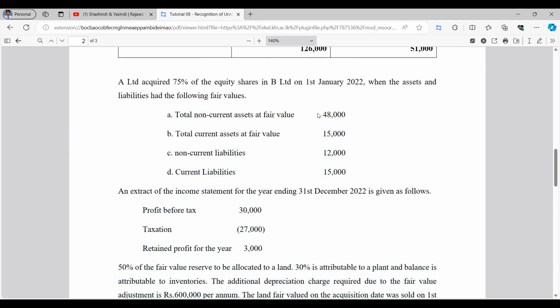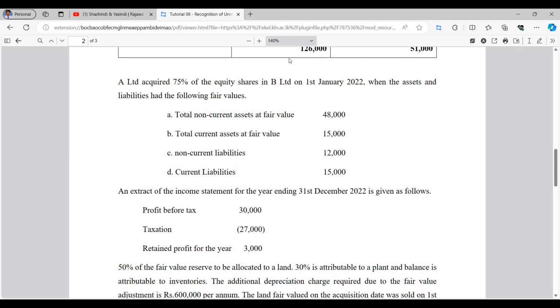We want to recognize the fair value of net assets acquired at the acquisition date in order to compute the goodwill. We compute goodwill based on the SLFRS 3 business combination. Here, we recognize goodwill or a gain on bargain purchase, the investment against the fair value of net assets at the acquisition date.